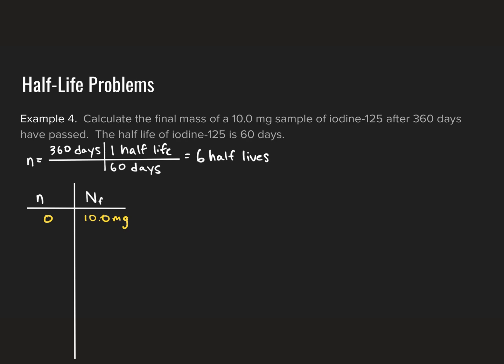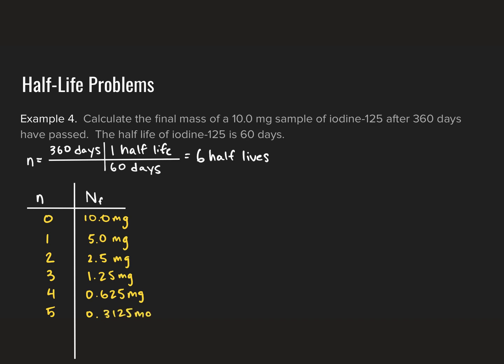So again, after one half-life, I should be down to 5 milligrams remaining. After 2 half-lives, I would be down to 2.5 milligrams remaining. 3 half-lives would bring me down to 1.25. And 4 half-lives should bring me down to 0.625 milligrams of iodine-125 remaining. 2 more to go. 5 half-lives brings me down to half of that remaining amount, which would be 0.3125 milligrams remaining.